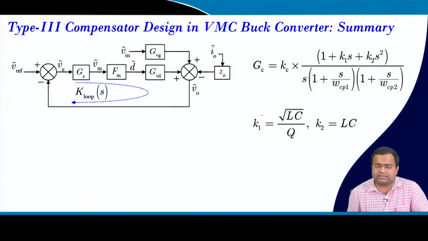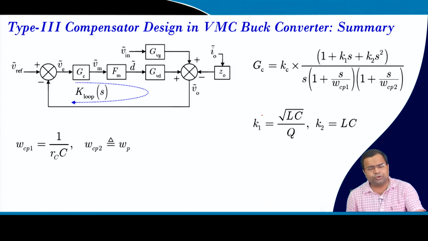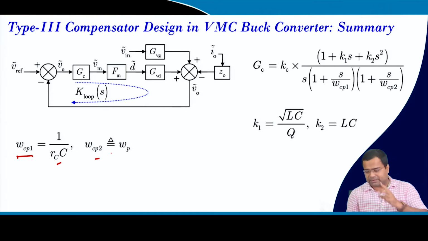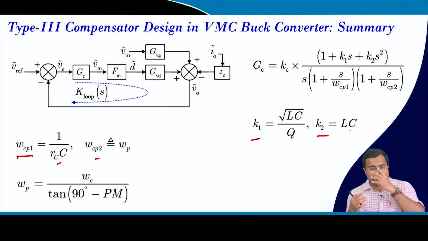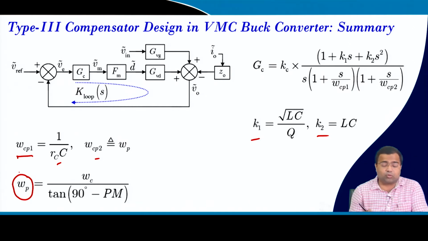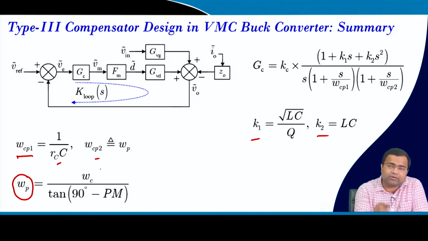And then how to design for exact perfect compensation by analytical pole zero compensation. We know we can cancel the ESR zero with one controller pole, another controller pole is flexible, and the controller zeros are placed to cancel the control to output transfer function poles. And then we know how to obtain this omega p, which is nothing but our flexible controller pole, and that requires two pieces of information.